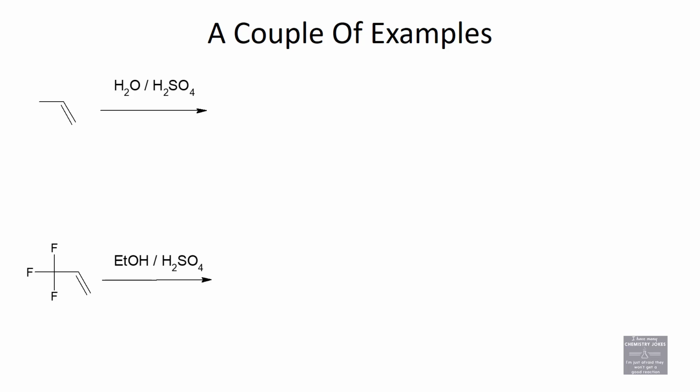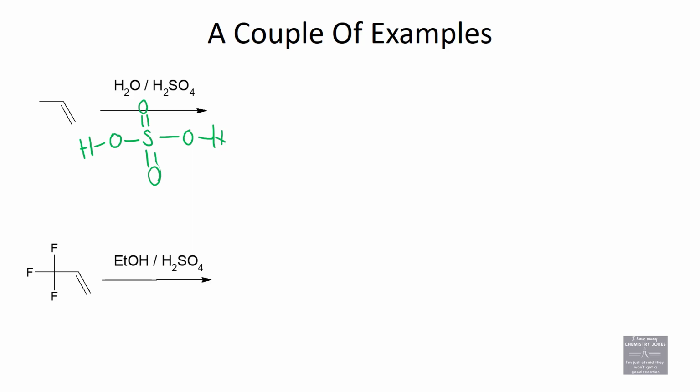But wait, we haven't drawn these mechanisms before. You're right, we haven't. But based on some characteristics, I'm going to teach you how to approach problems that you've never seen before. I have an alkene, that's a nucleophile. I have water, that's an I don't know. I have H2SO4, that's sulfuric acid. HCl is hydrochloric acid.